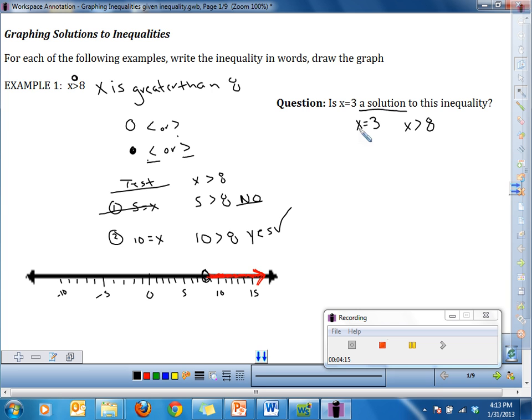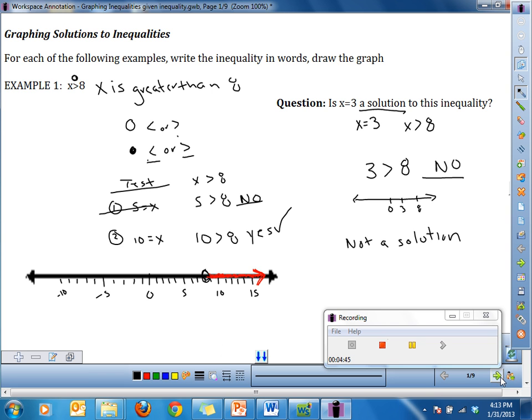So let's substitute in x. Is 3 greater than 8? If I think about a number line, here's 0, here's 8, here's 3. Is 3 greater than 8? The answer is no. So this is not a solution.